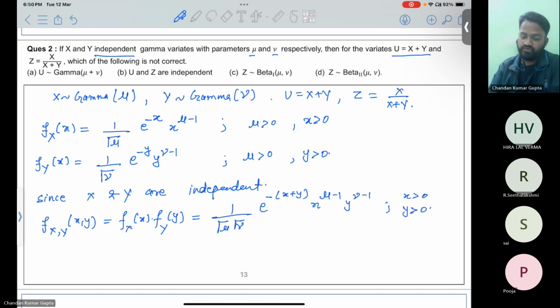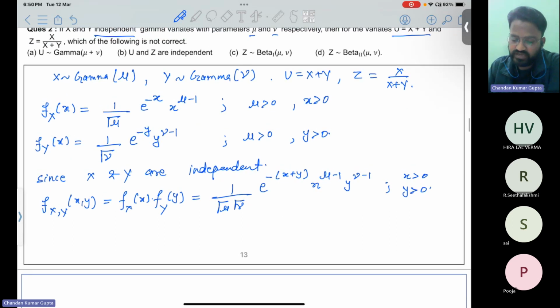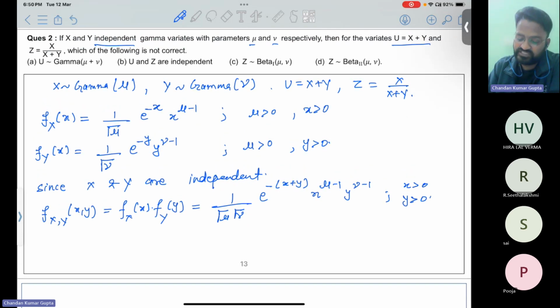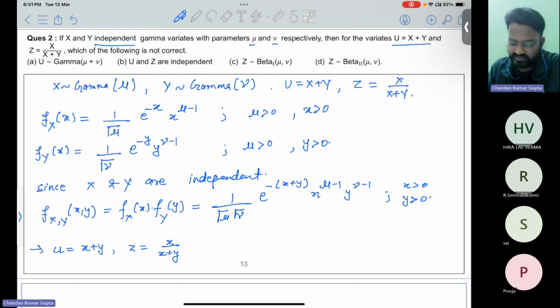Now, we have a joint distribution. And we need to transform these values. So the transformation equation is u equal to x plus y and, not v, it's z, z equal to x upon x plus y. When we use the transformation equation, we write it in lower case.